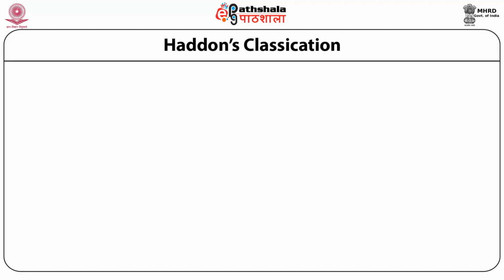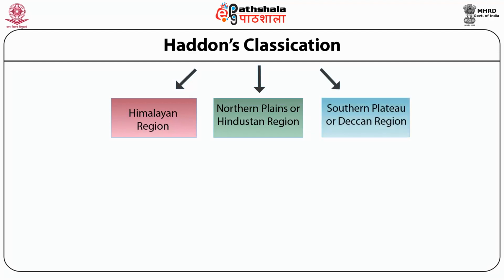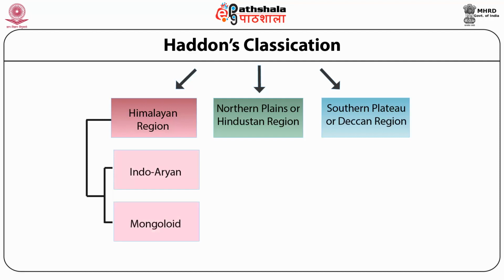Haddon's classification. Haddon broadly classified the Indian population into three types. They are Himalayan region, Northern Plains, Southern Plateau region. Again, the Himalayan region is subdivided into two types: Indo-Aryan and Mongoloid.